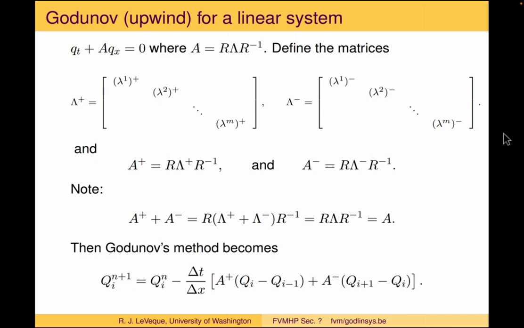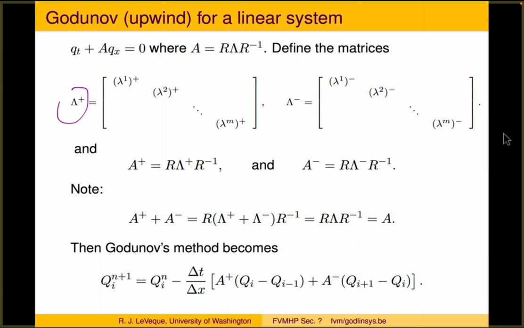where lambda plus corresponds to only the positive eigenvalues, putting 0 on the diagonal for any location where the eigenvalue is negative, and similarly lambda minus only has the negative eigenvalues or zeros on the diagonal. And the sum of the two is lambda. And so lambda plus plus lambda minus is equal to lambda.